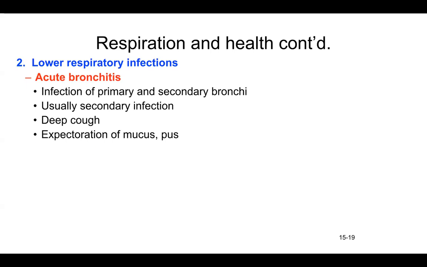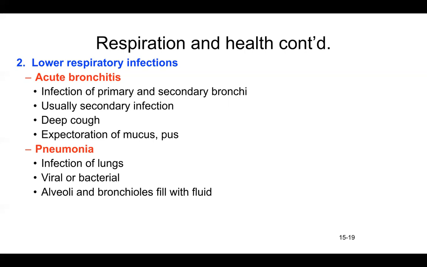Next is pneumonia. Pneumonia is an infection of the lungs, and it can be viral, it can be bacterial, depending on the pathogen that first infects it. And pneumonia is where you have fluid in your lungs, specifically deep in your lungs in the alveoli, as well as the bronchioles.